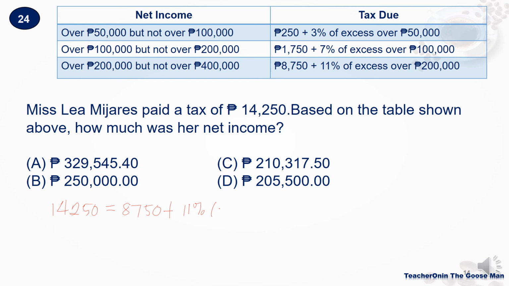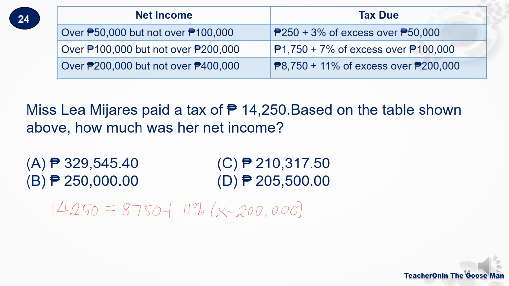So that is why we will leave that one as x minus 200,000. Bakit minus 200,000? Because from the given table, it was mentioned here that it is in excess over 200,000. So, we will solve our equation now.